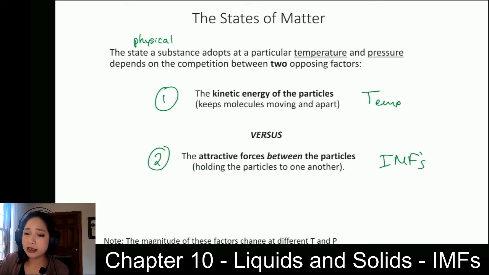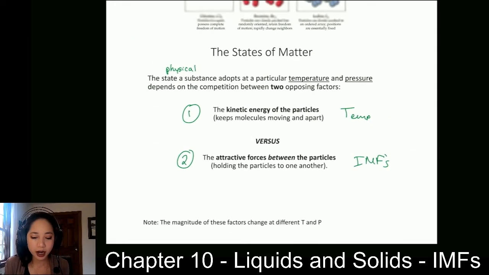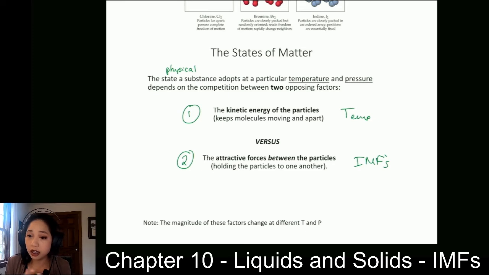Predicting the physical state of a sample is really a balancing act between how much kinetic energy the sample has in terms of temperature, and how strong the attractive forces are that hold the sample together. As you increase temperature, soon enough you'll break those attractive forces between molecules and turn it into a gas, right?